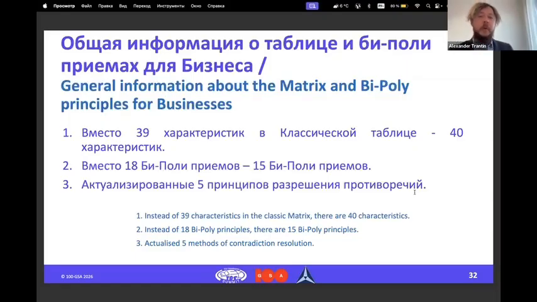Now, why do we have 40 principles? We decided that many classical descriptions for the matrix do not totally follow the business logic.